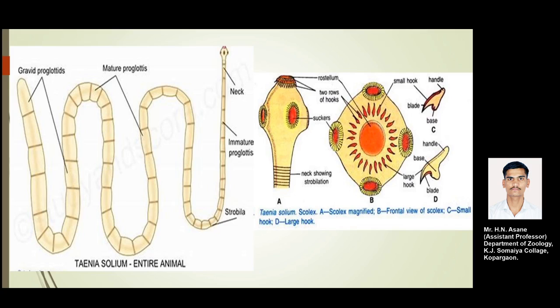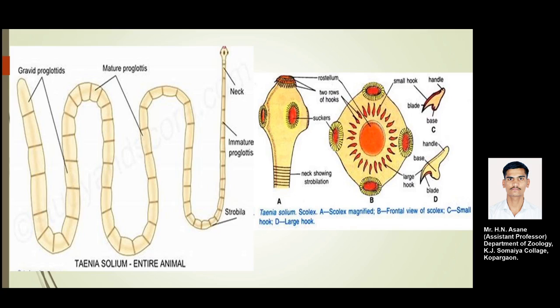A proglottid is a unit part of the body enclosing a complete set of mature organs. Each proglottid is an independent, self-contained unit having a full set of sex organs and a portion of the excretory and nervous system.